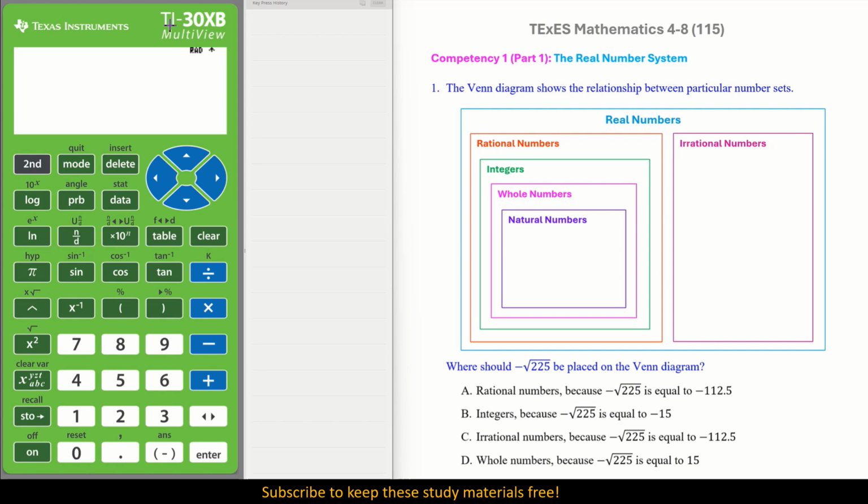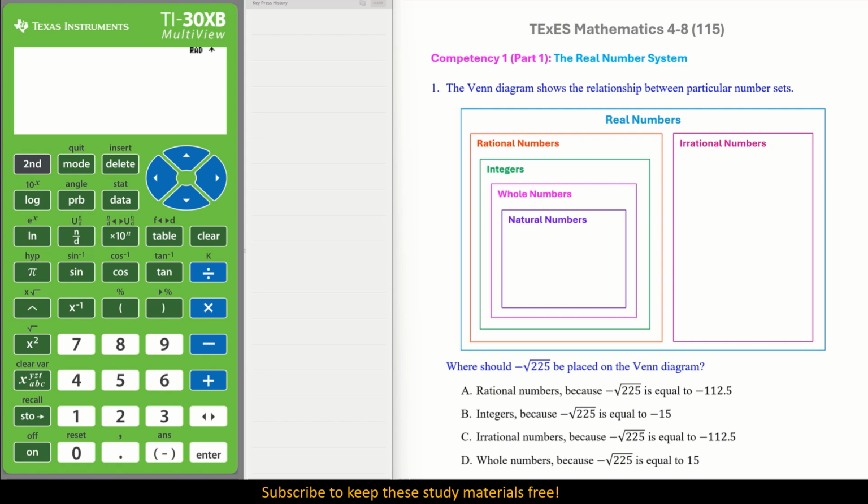And notice the irrational numbers are a set on their own, and they're only a subset of the real numbers. Now, our question says, where should negative square root of 225 be placed on the Venn diagram? What we need to do is put that in the calculator and then see what that means with our rules, what constitutes each of these subsets.